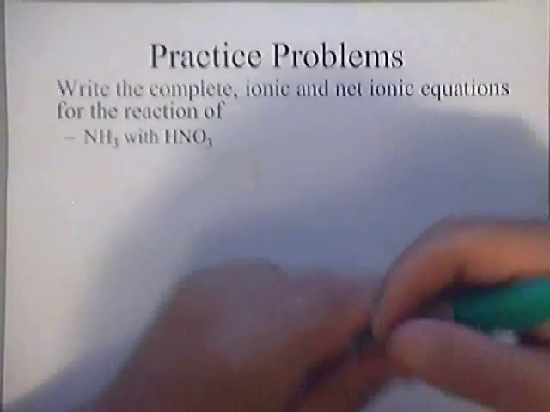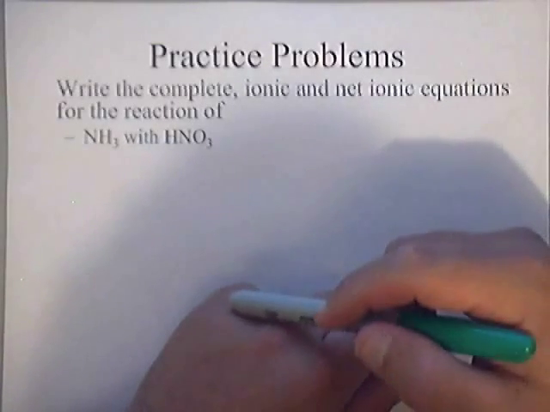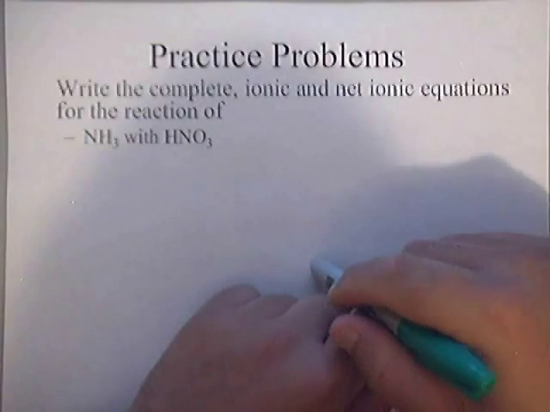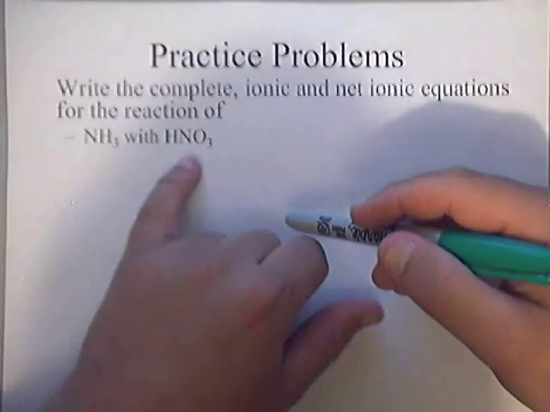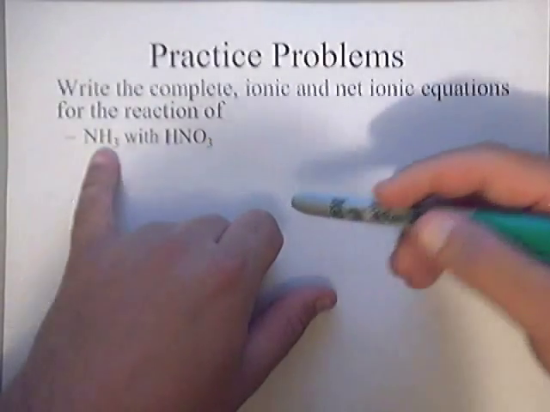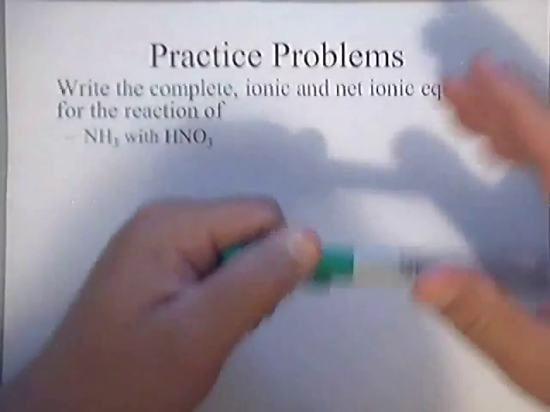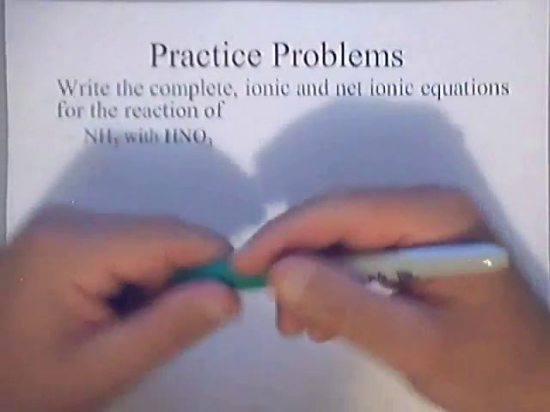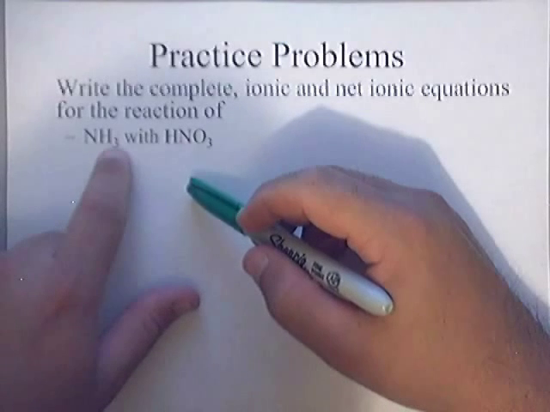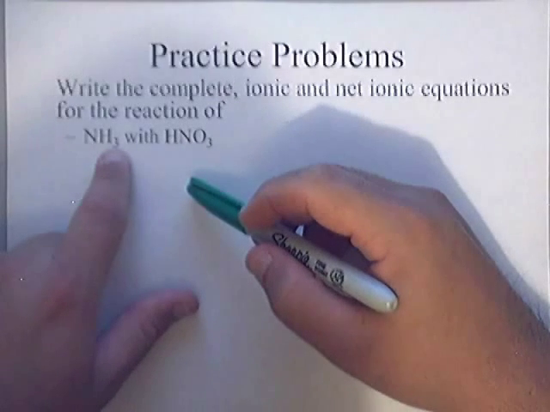Alright guys, I'm back here to show you how to do another practice problem involving neutralization reactions, involving a strong acid and a very weak base. Now this problem is a little unique because it does not contain a hydroxide for its base.